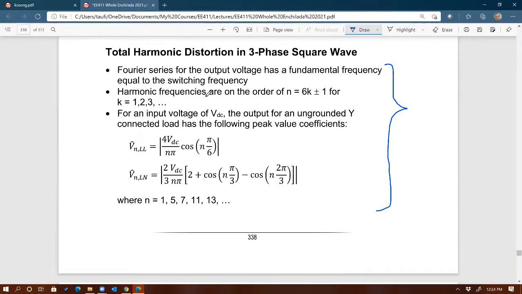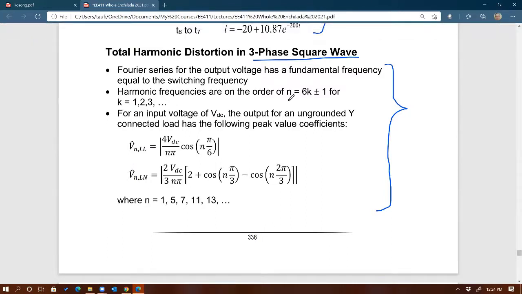Harmonic frequencies, the noise outside of, or also including, the fundamental component for a three-phase square wave, the one that we just discussed, are predictable. The locations of these harmonics are known, and that's equal to n equals 6k plus or minus 1, for k equals 1, 2, 3, so k is just a constant from 1, 2, 3, and so on.